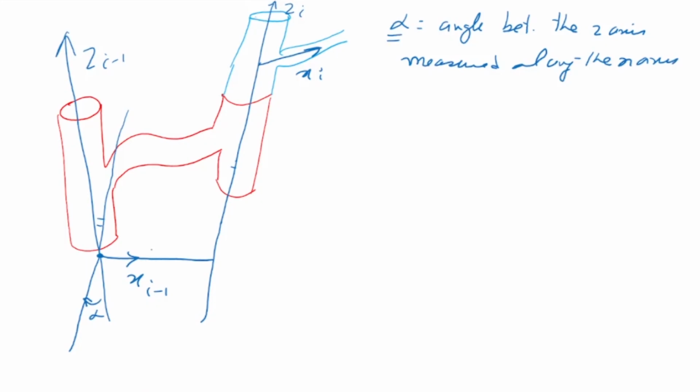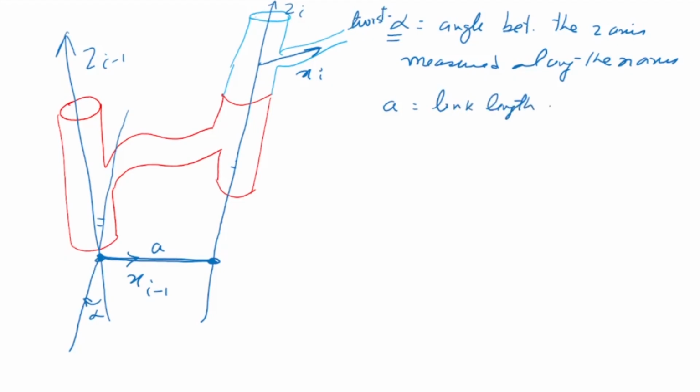Next is the distance a. I move the origin from here to here by a distance a, and a is called the link length.